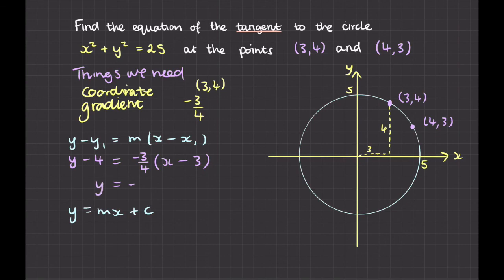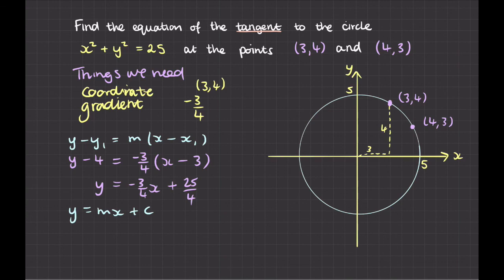So that means we'll have minus 3/4 x. And then it'll be minus 3/4 times minus 3, so that's going to give me positive 9/4, but then I have to add on to that 4, so I should end up with 25/4.